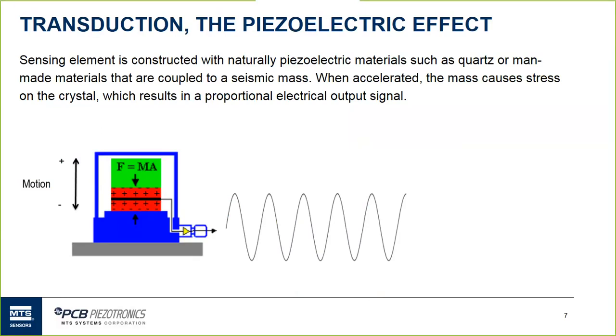And that picocoulomb then is representative in amplitude and frequency to the event that it's trying to measure. And the mass, of course, on top of that allows us to induce that stress on that associated crystal. And then, of course, F equals MA with regard to the nature of the design of the product as a free body.